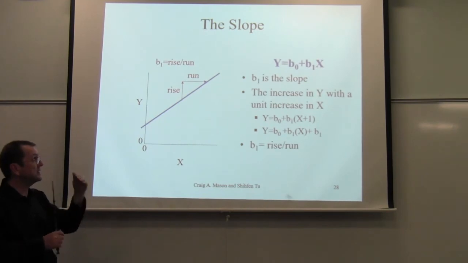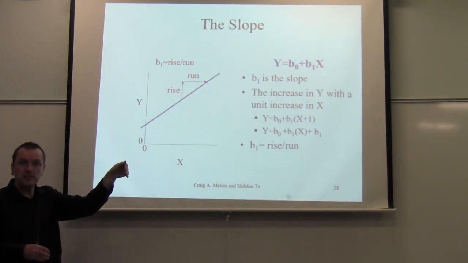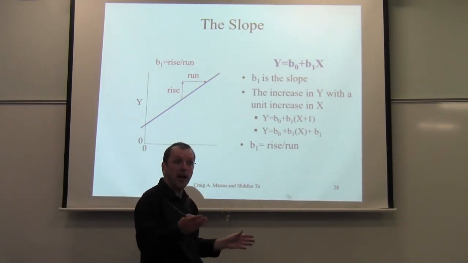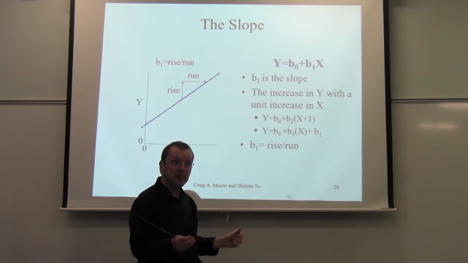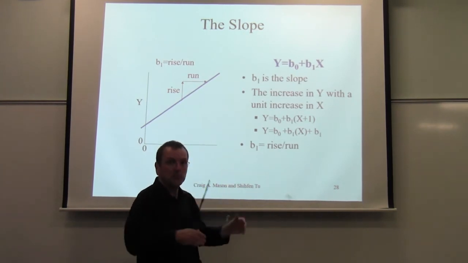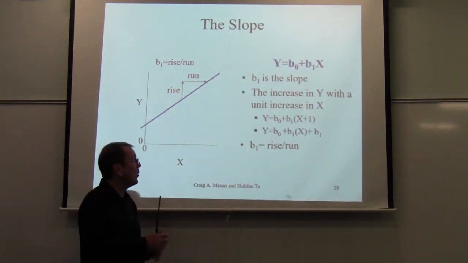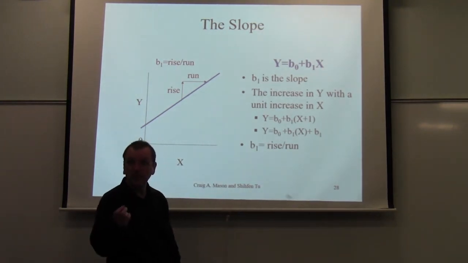You can think of that as the increase in y with a unit increase in x. If x increases by 1, whether it's 1 hour of studying or $1,000 of income, y goes up or down by exactly b1.